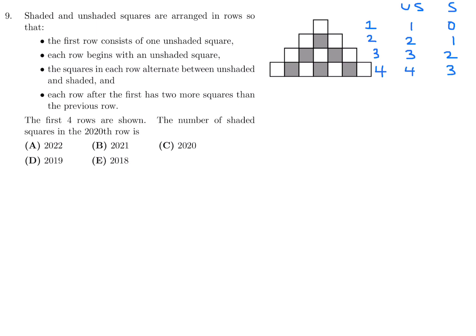And there's a clear pattern here. So I would extrapolate that to, what is it, 2020. It would be 2020 and 2019 to be consistent with this pattern. So in the 2020th row, there would be 2019 shaded squares. So number 9, the answer is D.